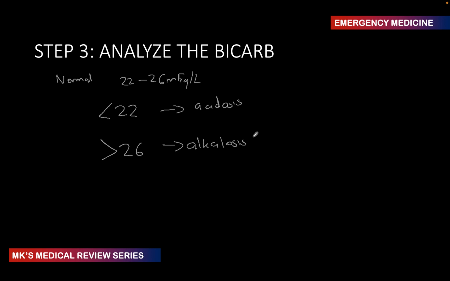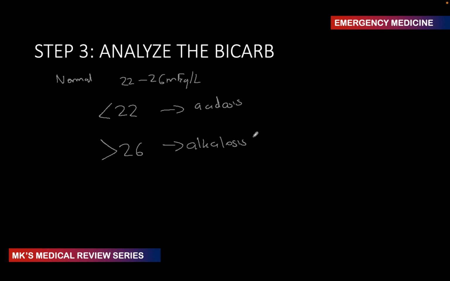Remember, the hydrogen ions give you the acidic nature, and the bicarbonate gives you the alkalinic nature. In the next slide, I'll tell you how you're going to link the partial pressure of carbon dioxide to the pH, as well as the bicarbonate to the pH.